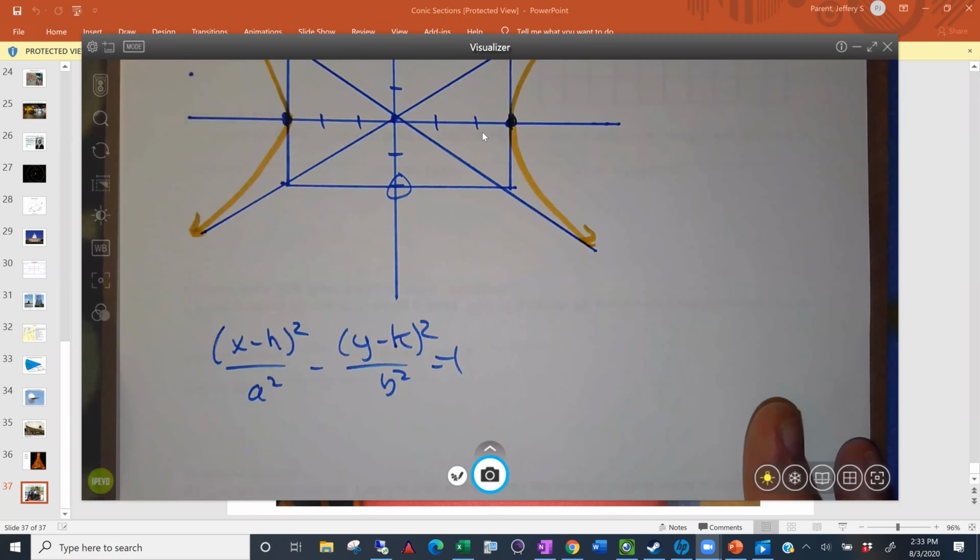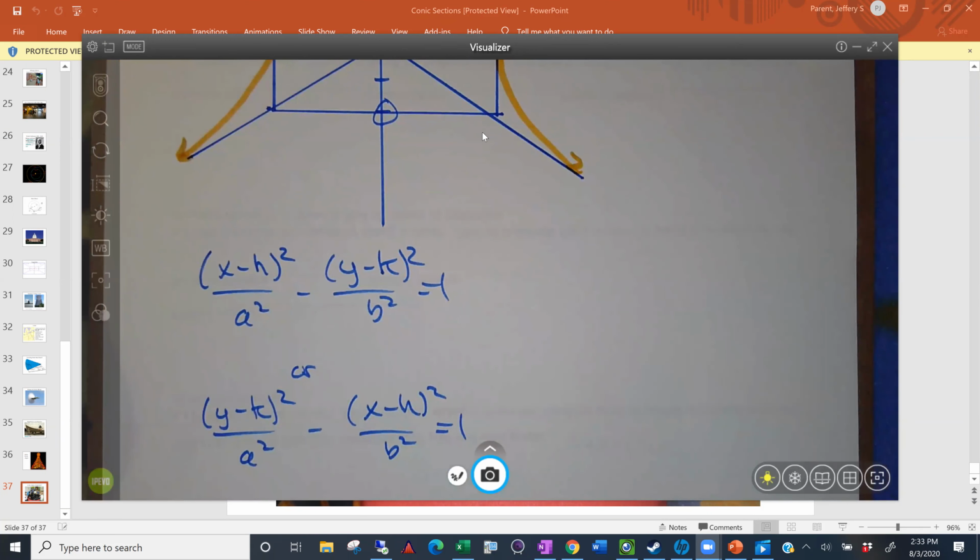So let's assume that you have a hyperbola that looks like this or this. Either of these are hyperbolas.